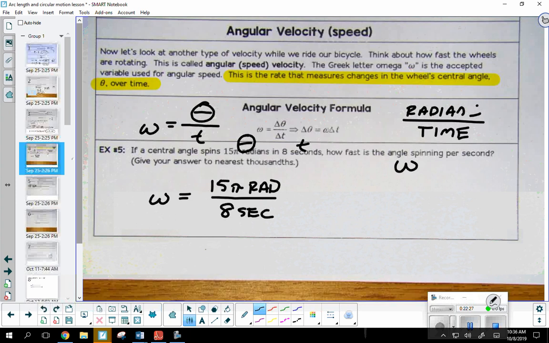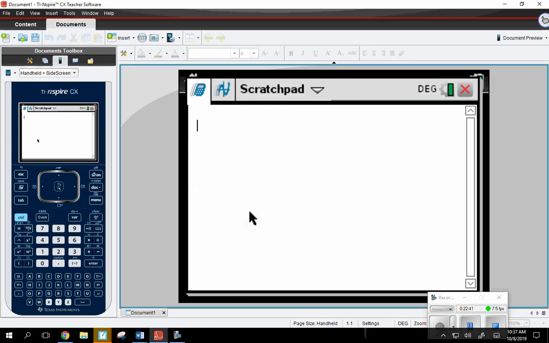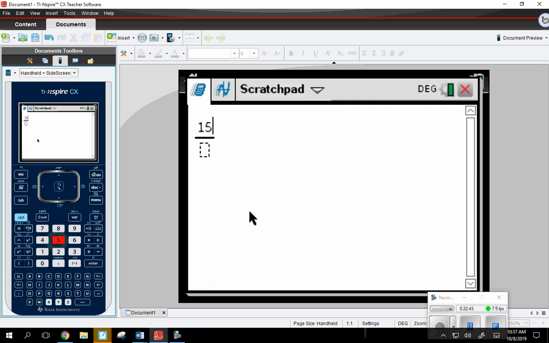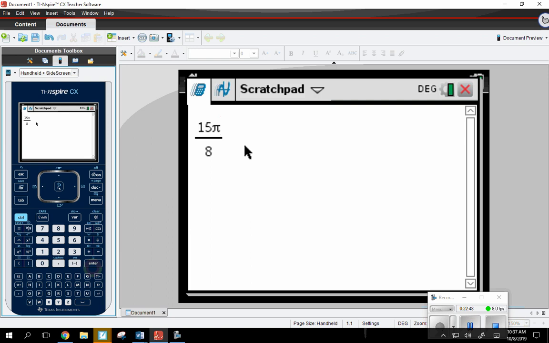Remember, just like I have here, angular velocity is going to be shown in radians over time. I'm going to go ahead and calculate that, 15 pi over 8. So I'm going to come on over here. Let me clear this out. So control divide 15 pi over 8.